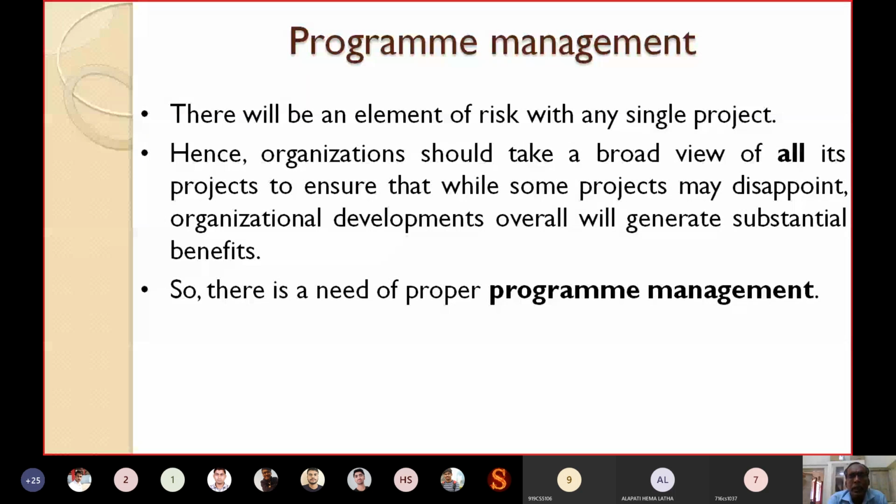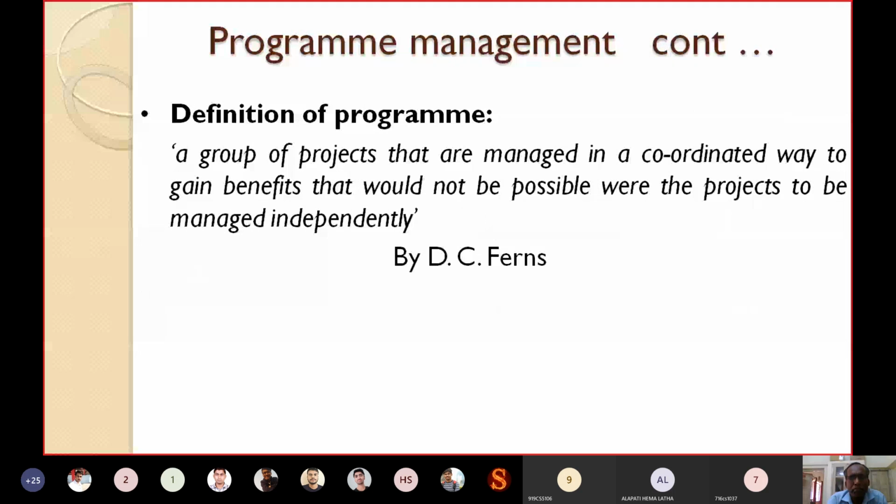The definition of a program is like this. A program is a group of projects. Previously, we have discussed single projects, but when similar types of projects are grouped, we call them a program. Those are managed in a coordinated way. You should manage all those similar projects in a coordinated way.